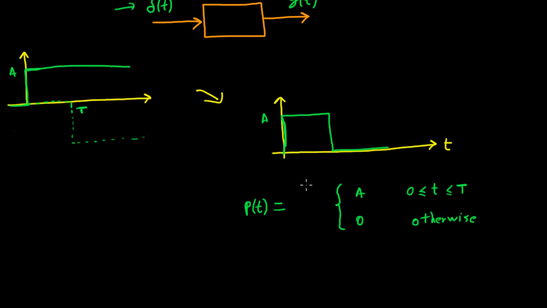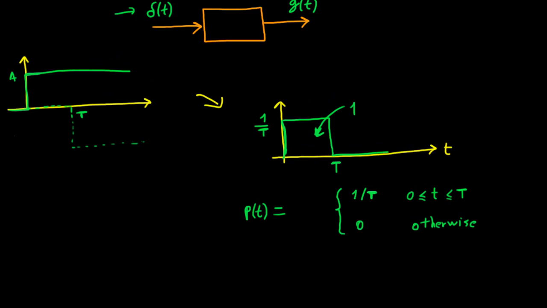This is a pulse. Well, there's a special case of the pulse in which we want this area to be 1. So if this is T, to do so we have to replace this a by 1 over T. So here we have 1 over T, and in that case the pulse has unit area below.